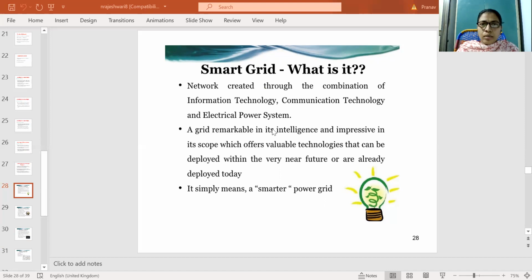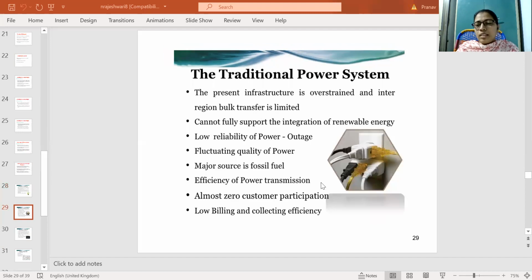The grid is remarkable in its intelligence and impressive in its scope, offering valuable technologies that can be deployed in the very near future or are already deployed today. So it simply means a smarter power grid, that is, a smart grid. In the traditional power system, the present infrastructure is overstrained and inter-region bulk transfer is limited.